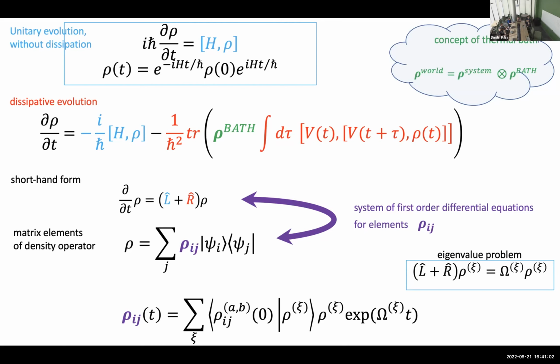But there is a little cloud on the upper right. So the density matrix of the world is a direct product of the density matrix of our system of interest, which could be a set of levels, and the density matrix of the rest of the world, which is sometimes called the bath.